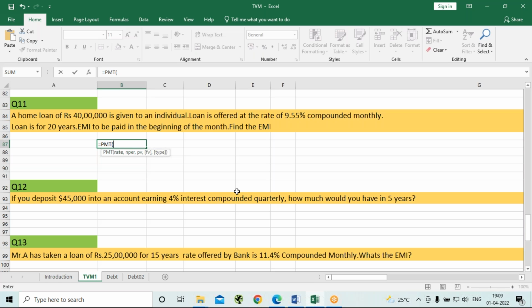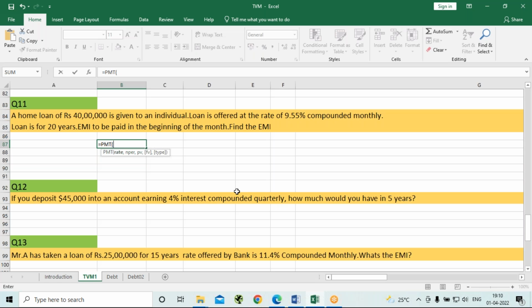After receiving the amount only, we start paying the EMI to the bank. So the future value is not going to be anything. We are not going to get any returns. So when calculating the PMT, make sure you keep FV as 0.